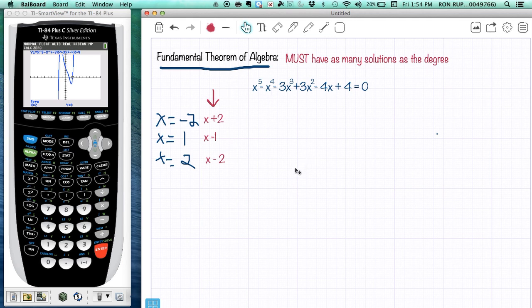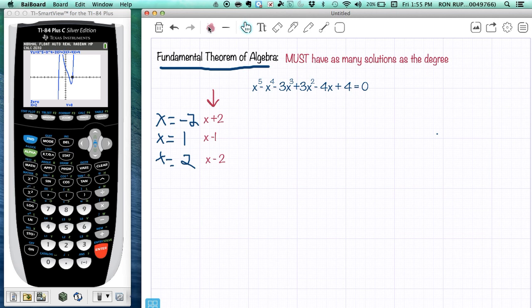Because these are zeros, my remainder should be 0, because these are going to be factors, right? If it crosses the x-axis perfectly at these points, that means if I divide by all of these, I should get 0 remainder. That lets me know if I'm doing it right or not. And then what we'll be left with at the end is hopefully something that you can use.